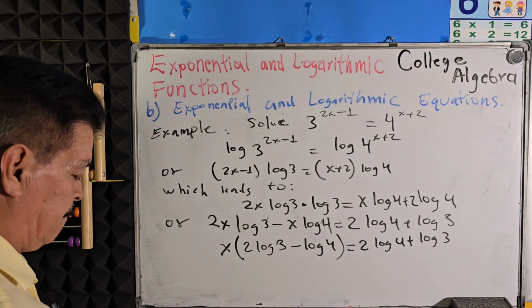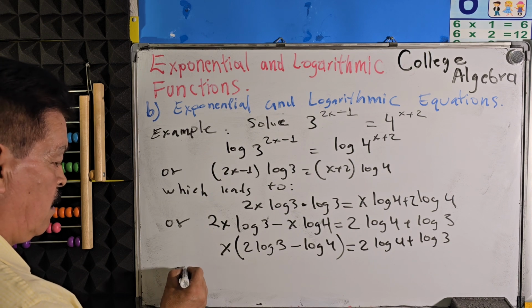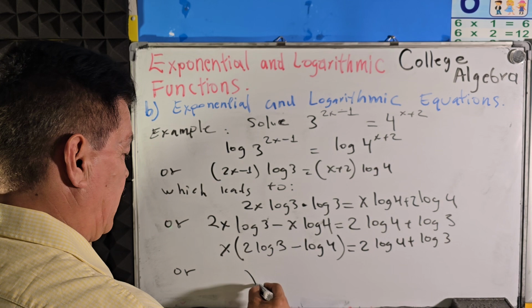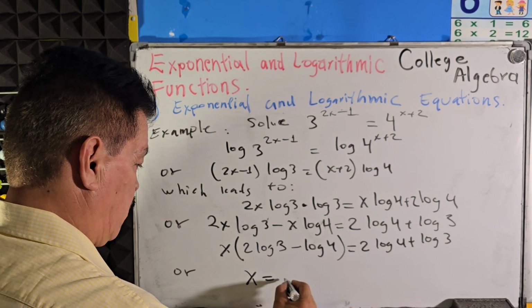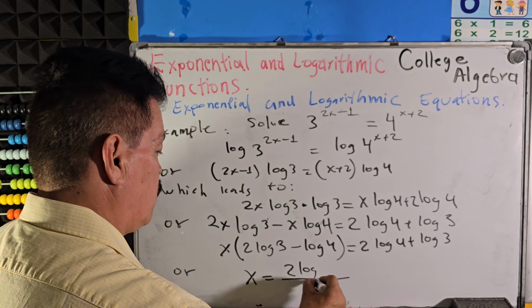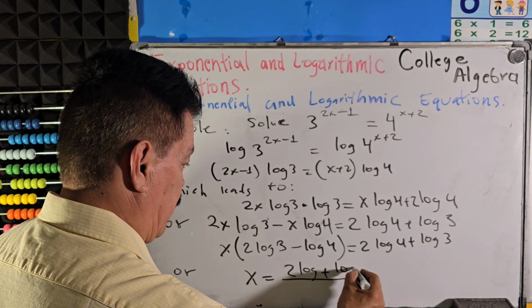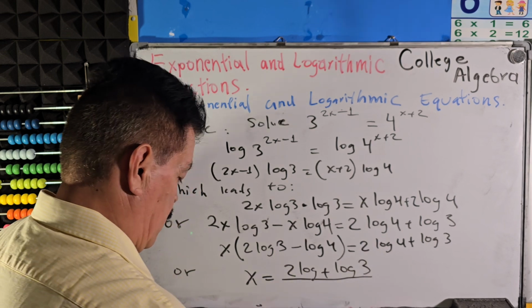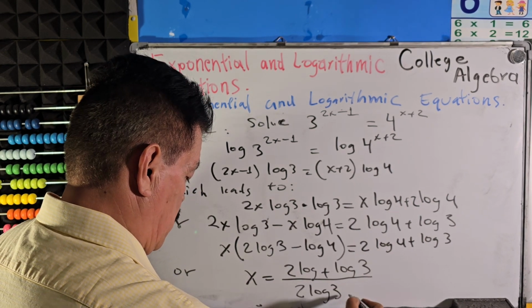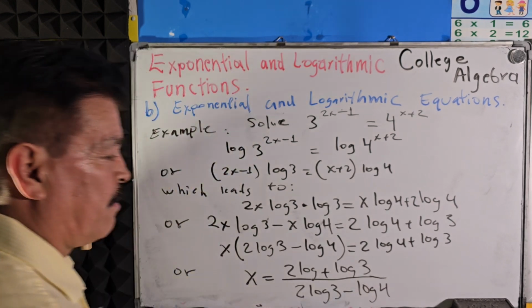So as a conclusion, we will have x equals 2 log 4 plus log 3 divided by 2 log 3 minus log 4, right?